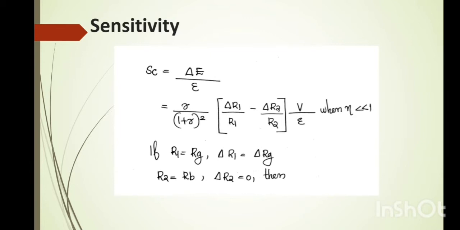Also, if R1 equals Rg, that means resistance 1 is equal to the gauge resistance, and delta R1 equals delta Rg, R2 equals Rb and delta R2 equals 0, then we get Sc equal to R by (1 plus R) the whole square into delta Rg by Rg into V by epsilon.